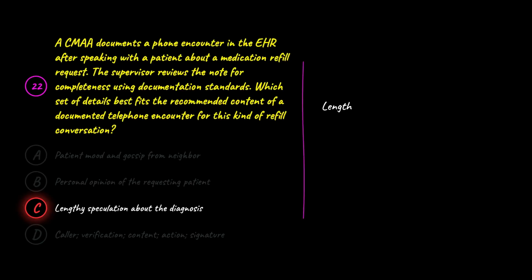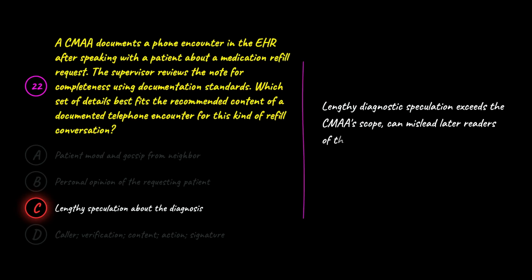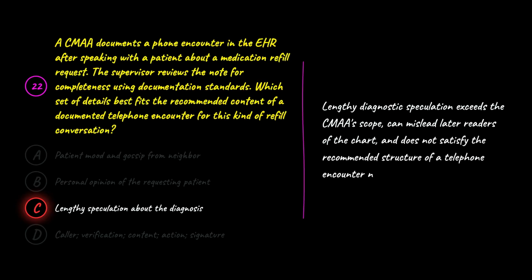C is wrong because lengthy diagnostic speculation exceeds the CMAA's scope, can mislead later readers of the chart, and does not satisfy the recommended structure of a telephone encounter note in any clinical record system.